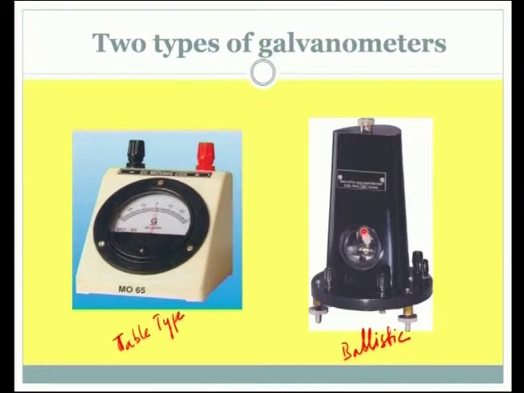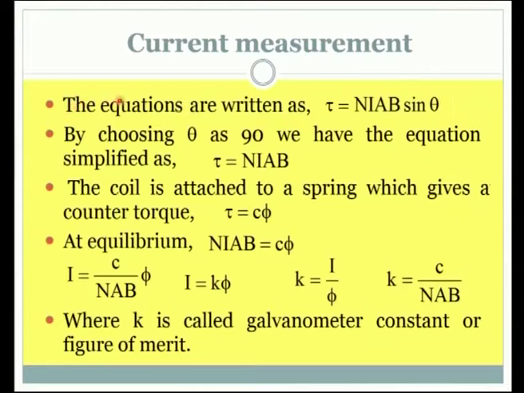We will see the concept of the measurement of current and then go ahead with the other designing aspects too. The equation is written as tau is equal to NIAB sin theta for the torque that is produced on the coil due to the magnetic field. By choosing theta 90, we get rid of that because sin 90 is 1, so we have this simple form.